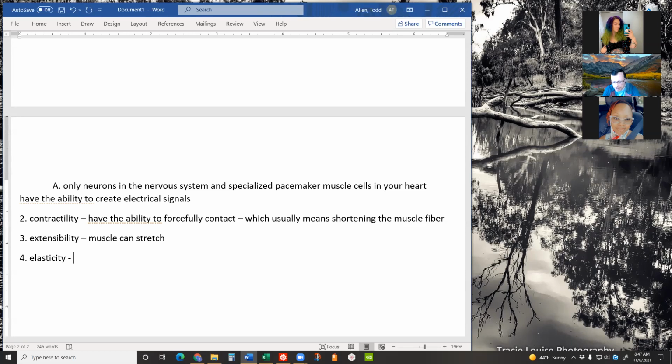Elasticity refers to the ability of a muscle fiber to elongate, which is to stretch, and then when you relax the tissue, it has the ability to go back to its normal, natural, unstretched size. That's elasticity, like the elasticity of a rubber band. You stretch it out, then you let one end go, and it just goes back to its normal size, its normal diameter and dimensions.